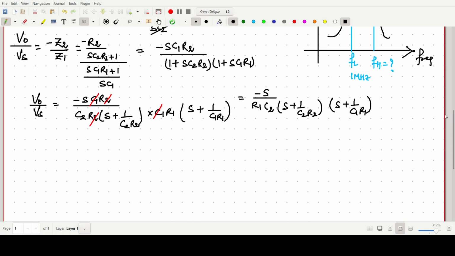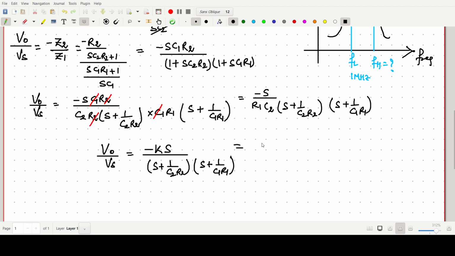So this value is nothing but simply v naught by vs, we can write as minus K times of s divided by s plus 1 by c2 r2, by s plus 1 by c1 r1.